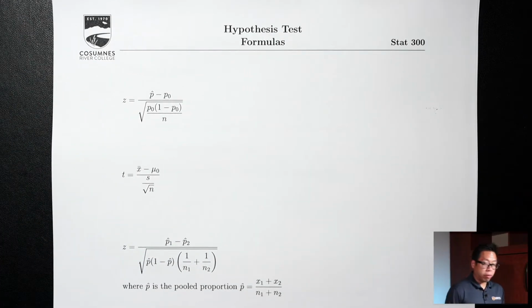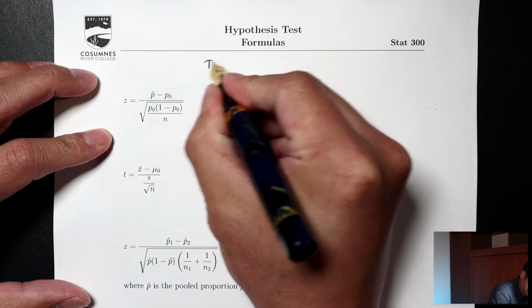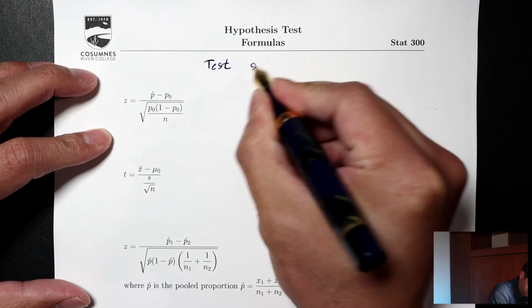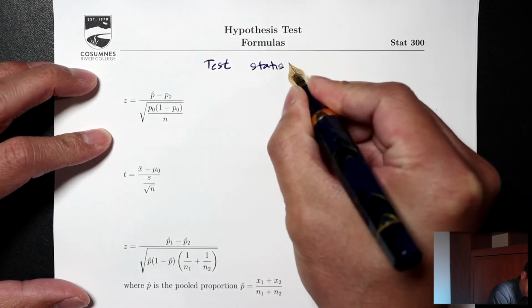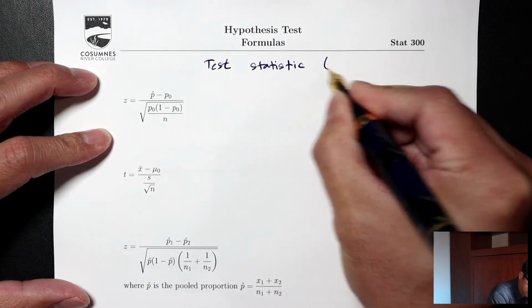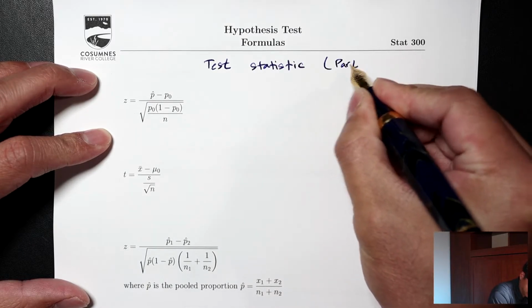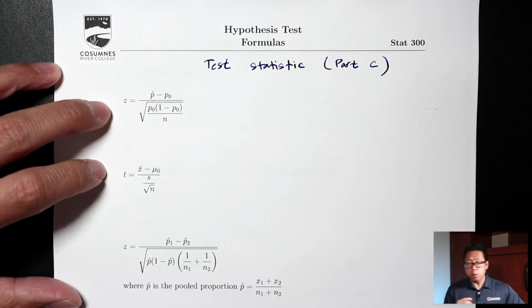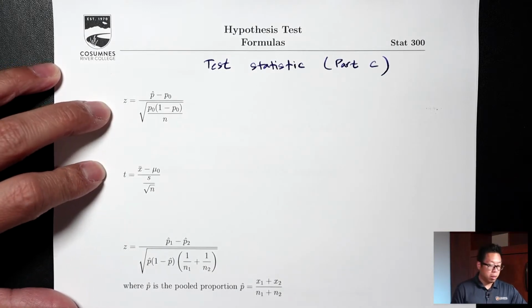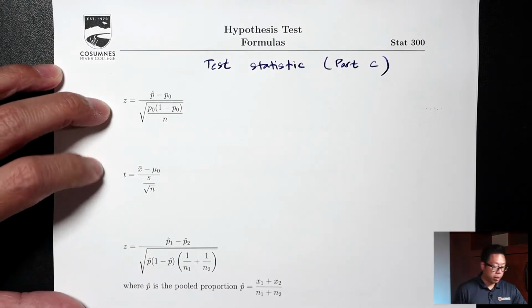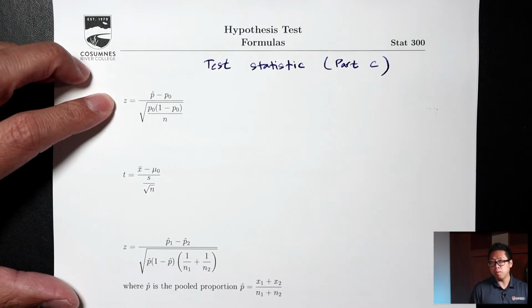The first page here are formulas that I'll need today. And these are formulas for finding the test statistic, which is usually part C of the process. The first two formulas are formulas that we used last time, which were for the one sample situation. The first one with the Z, that's going to be for one proportion.